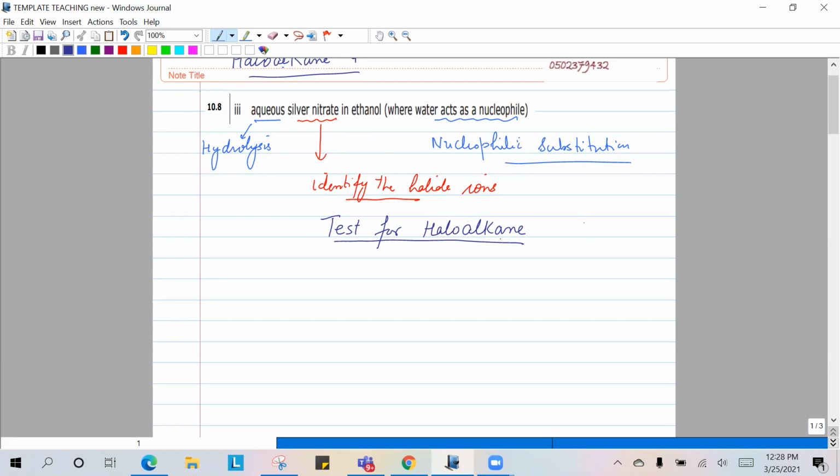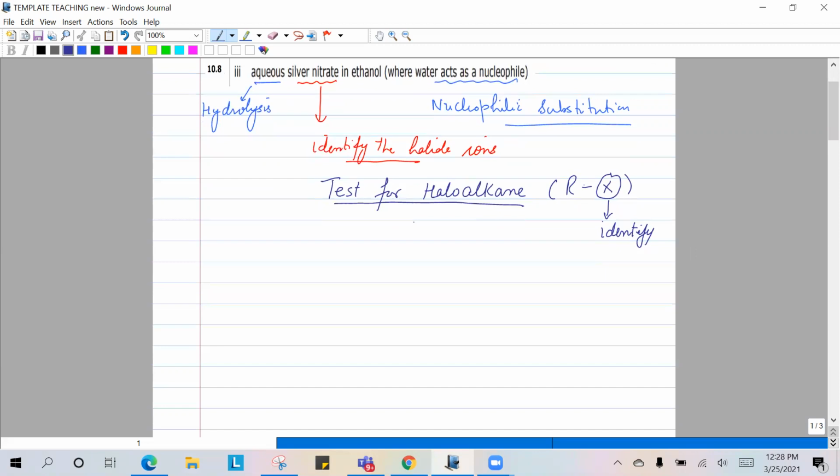Now when I say test for haloalkanes, haloalkane means RX. So I want to identify this part. I want to identify what the X is, whether it is the chloride, the bromide, or the iodide, using aqueous silver nitrate solution.